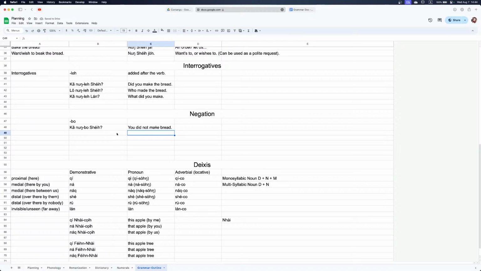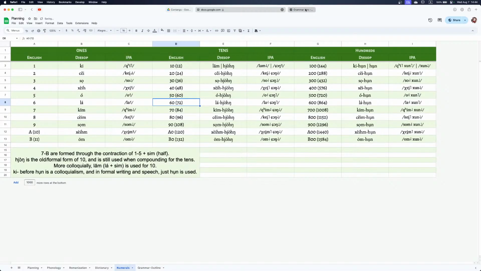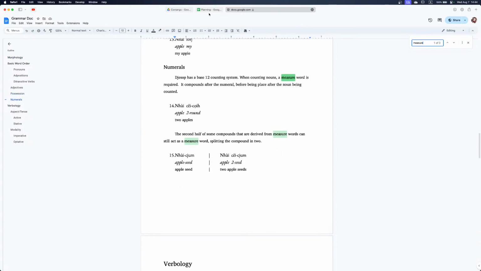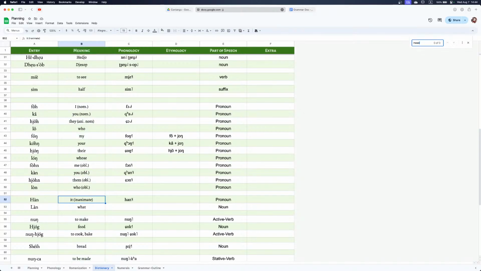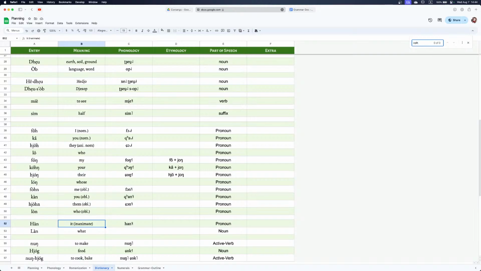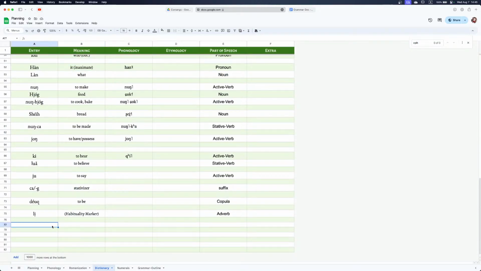But if you wanted to emphasize the bread part, it could be something like she, and then do I have a measure word that goes with she? I do not seem to have a measure word for bread.